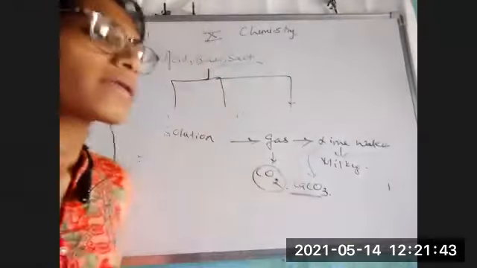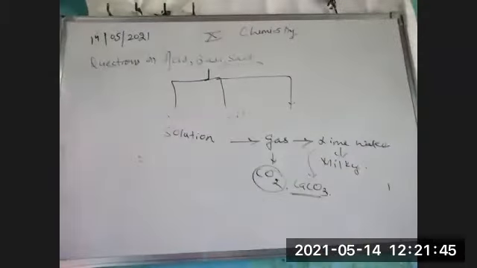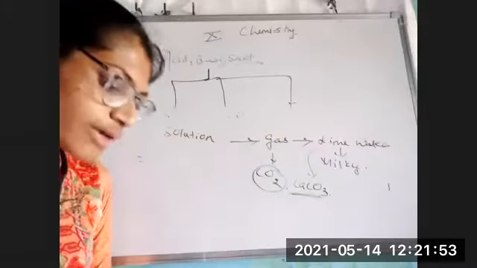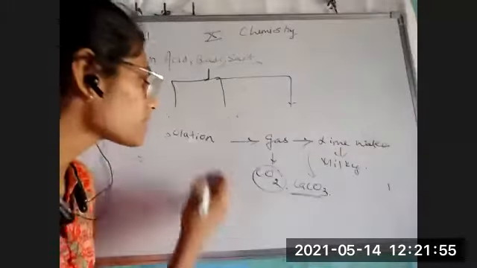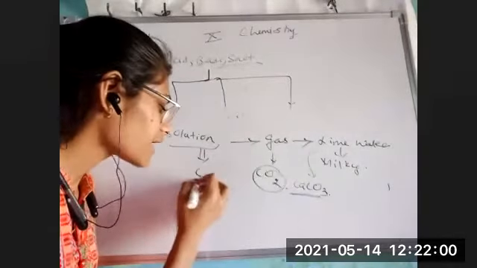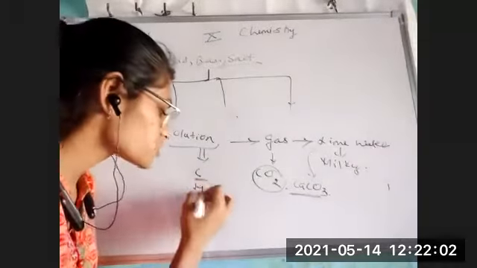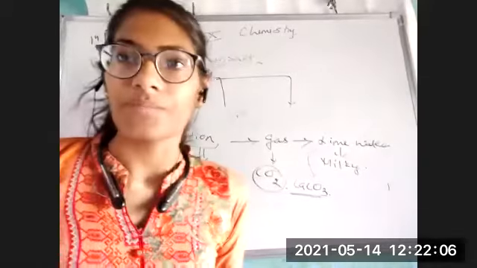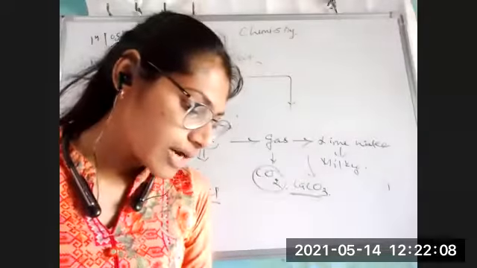Now further, the question says the reaction is further reacting with a solution to give that solution. That means the solution must contain something which contains carbon or something which contains HCl, hydrogen positive and Cl negative. So now let's start with the third question.